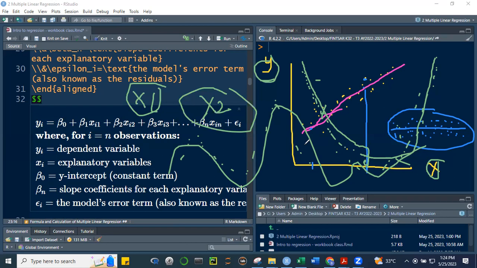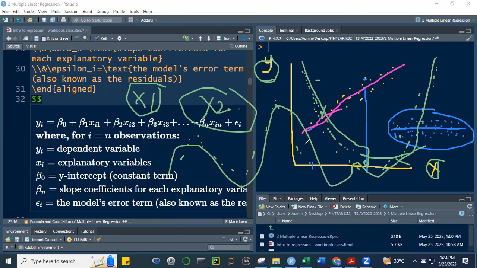Kasi kung si x1 at saka si x2 correlated to each other, what will happen is that mag-aagawan sila sa pag-explain kay y. So it will now be very difficult to disentangle. Ano yung effect ni x1 kay y? Ano yung effect ni x2 kay y? If there's a strong correlation between x1 and x2.